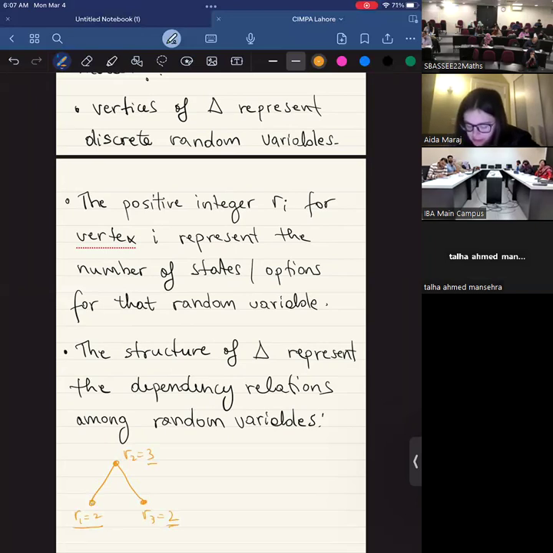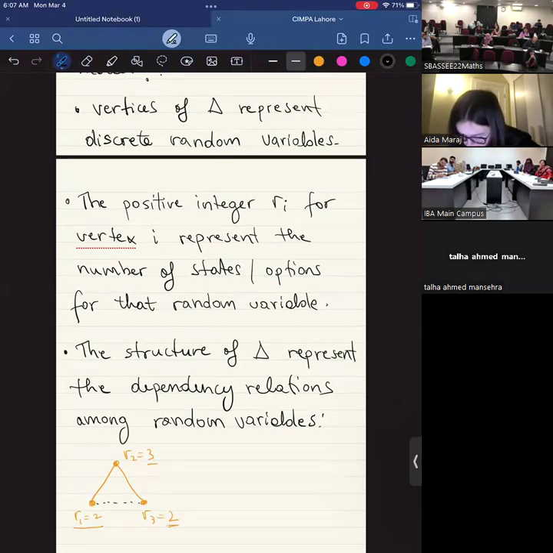And the structure is telling us that the missing edge here means the corresponding random variables are independent given the rest.